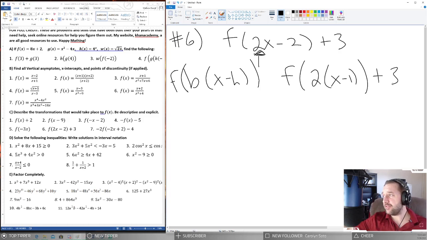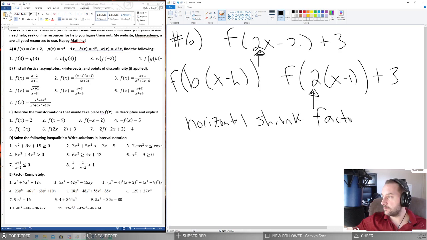So now that it's in that correct format, I can look at that and say, okay, so that 2, that's going to be a horizontal shrink. Factor of 2. Then because it says x minus 1, I know it's going to be a horizontal shift. And I could say positive 1.